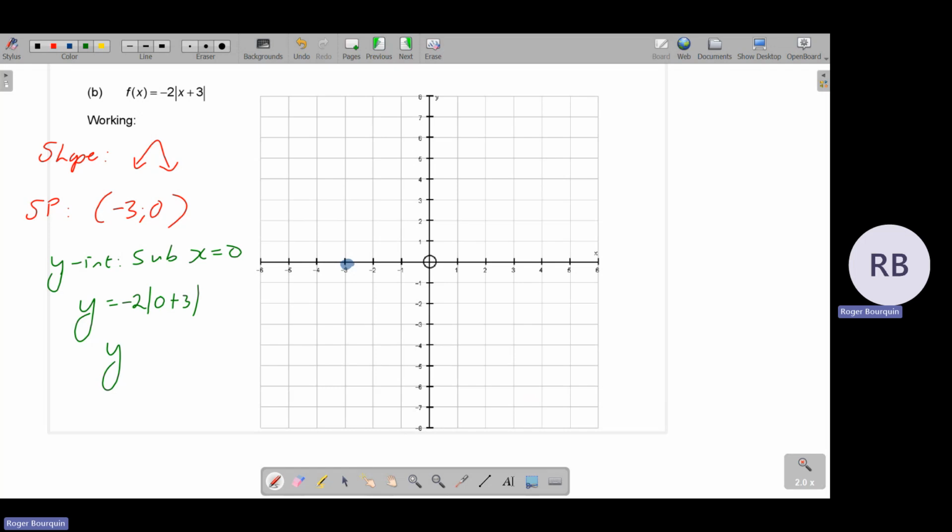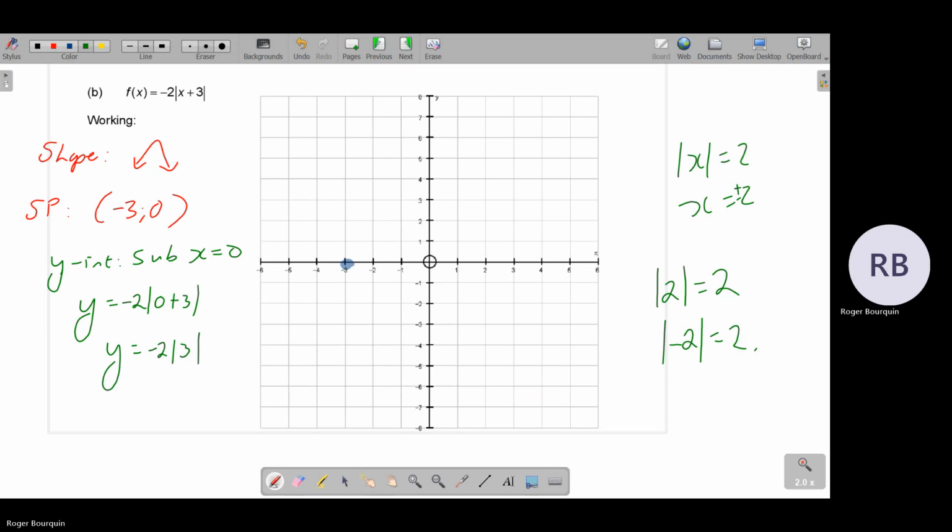Remember, you might get confused: if I say the absolute value of x is 2, then x could be 2 or -2. However, the absolute value of 2 is just 2, and the absolute value of -2 is just 2.